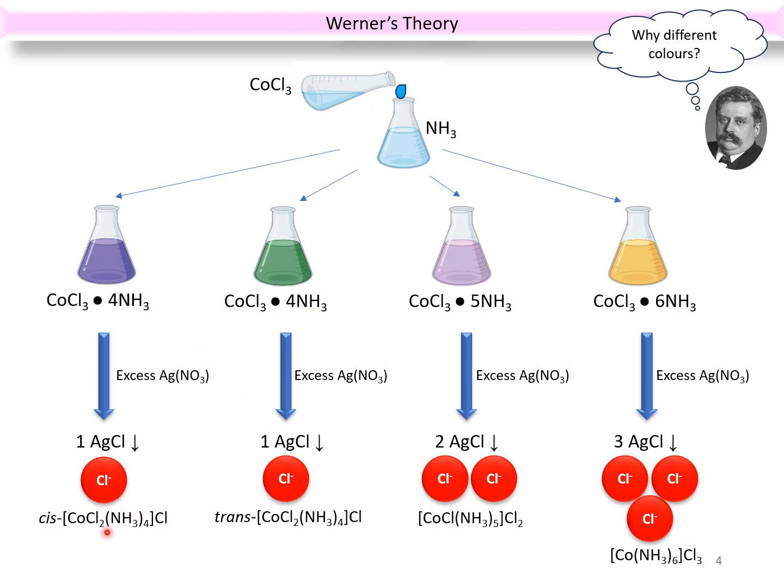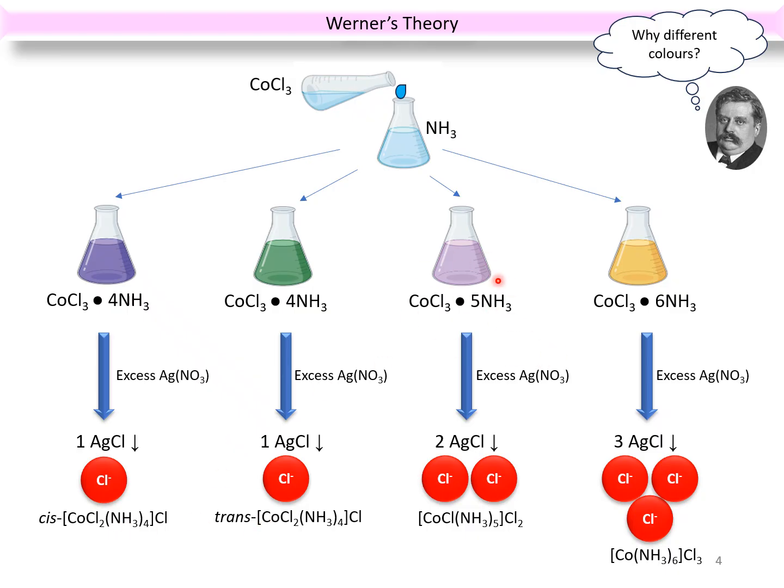The rest of the ligands are ammonia. It is the same for the green solution; the violet and the green are distinguished by their geometrical isomers, cis and trans.